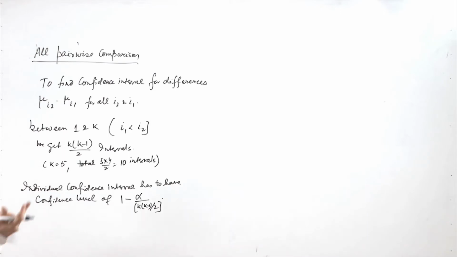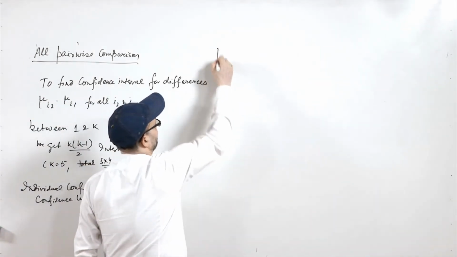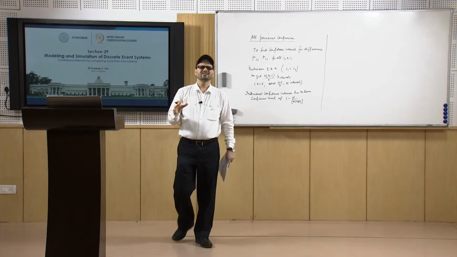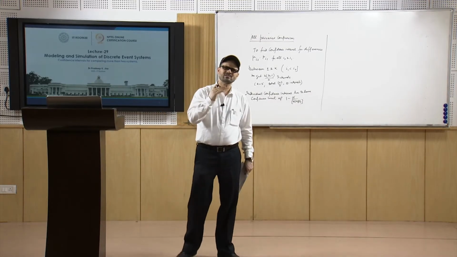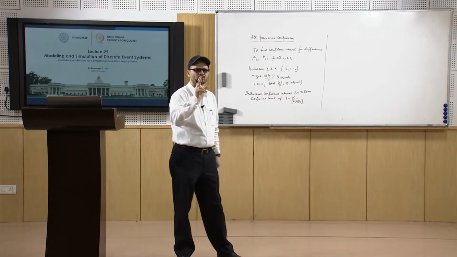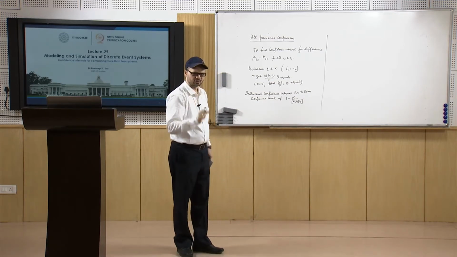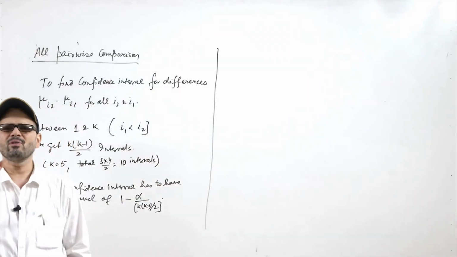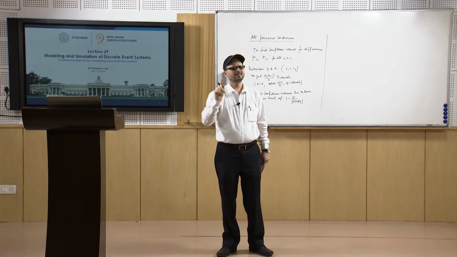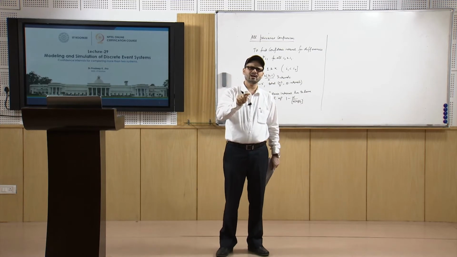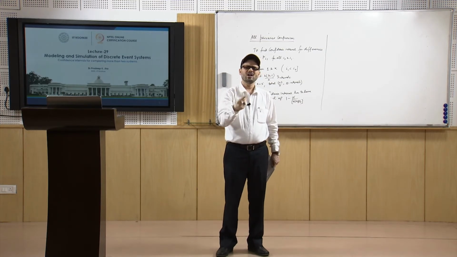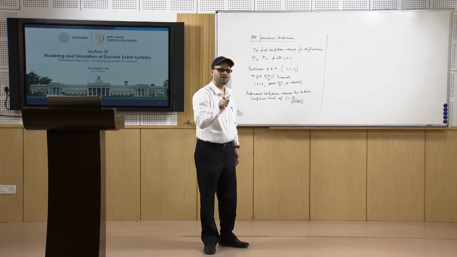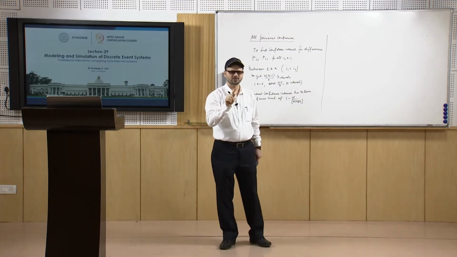Now, if you look at the earlier case, when we had the comparison with the standard, you had to make 4 intervals, and with 90% overall confidence level, the individual confidence interval was made using an individual confidence level of 97.5%.